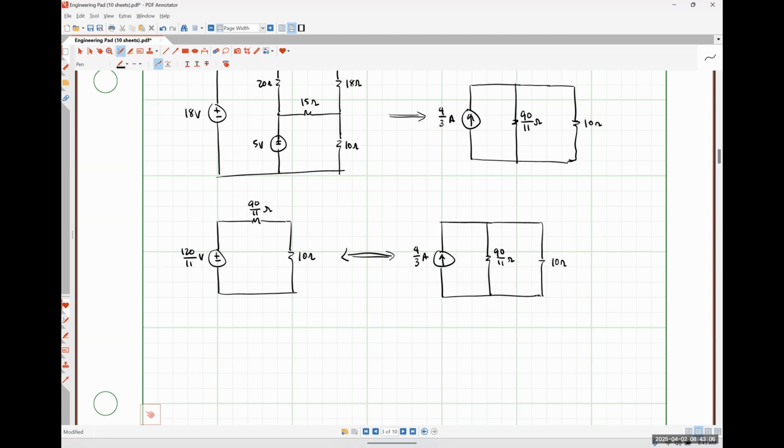Or put it in another way, the Norton equivalent circuit is just the source transformation of the Thevenin equivalent circuit and vice versa.